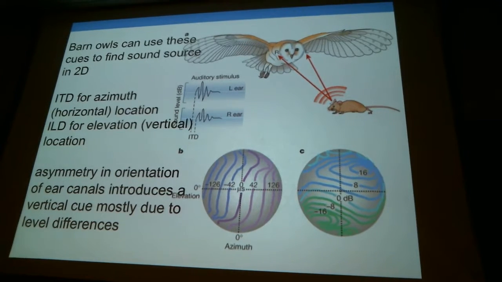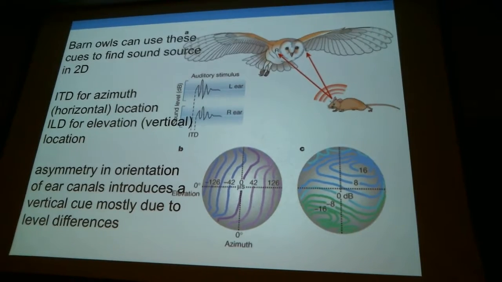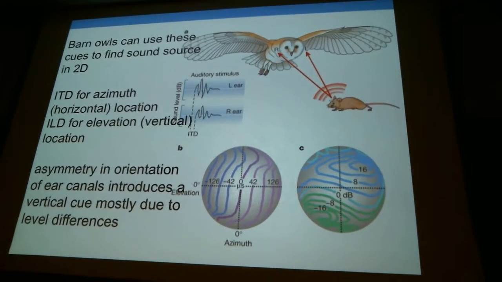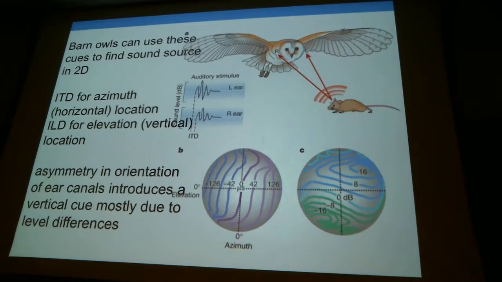Yes? You said determined by the number of wavelengths between the time at which the ears affect the noise. Kind of, yeah. So would that imply that we are worse at locating very low frequency sounds? The timing cues rely heavily on being able to encode the phase of the sinusoid, which we can only do at low frequencies.